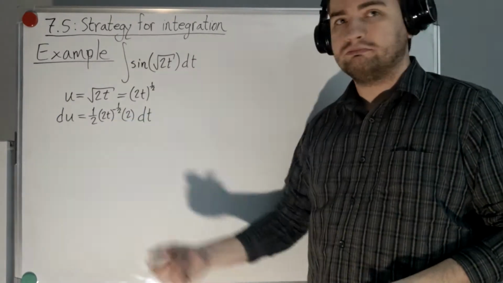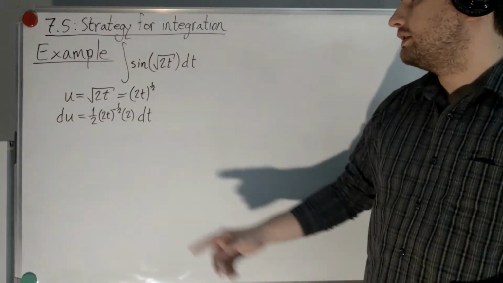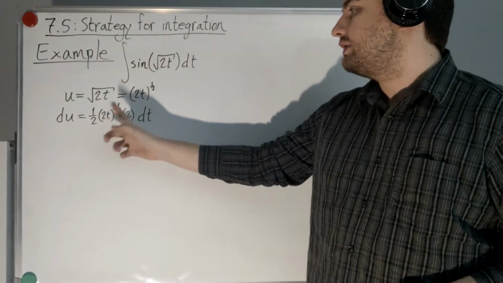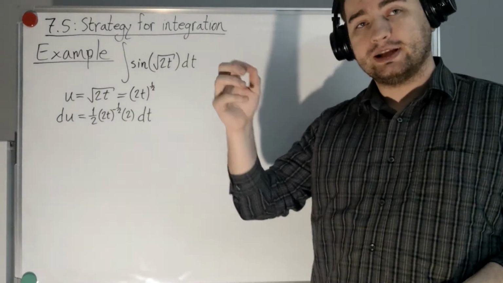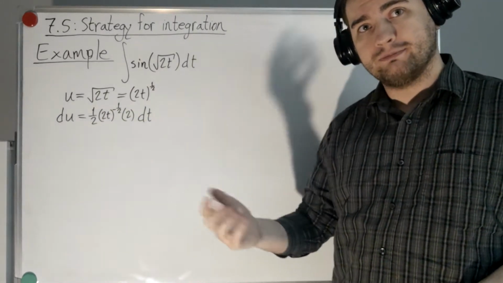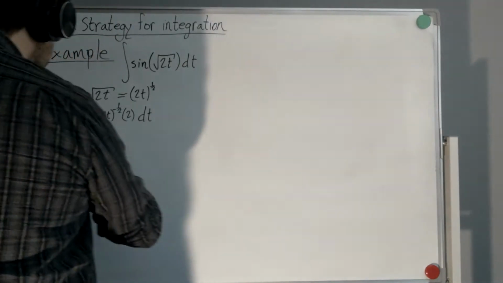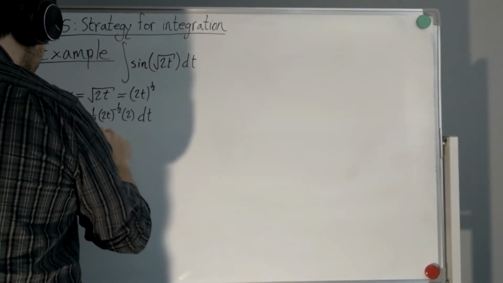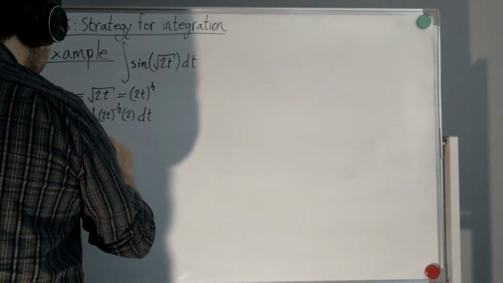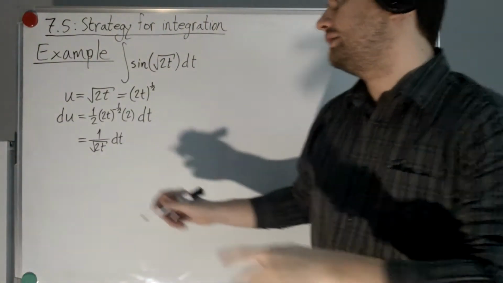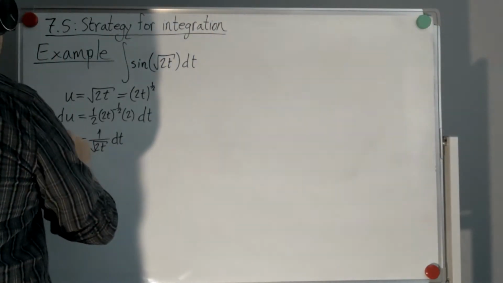The 2's cancel, and then you get 2t to the negative 1/2, which by the way is the same as 1 over the square root of 2t. And let me just emphasize, that is du.